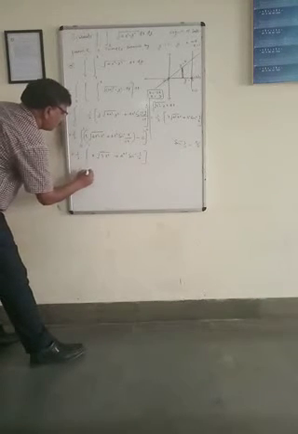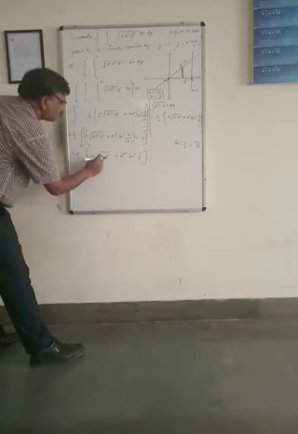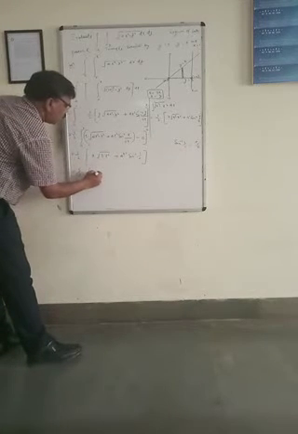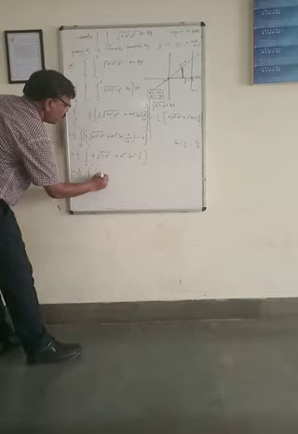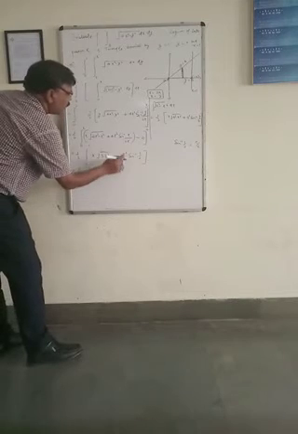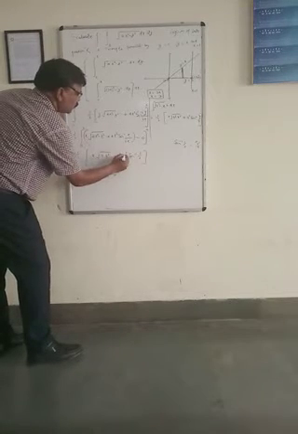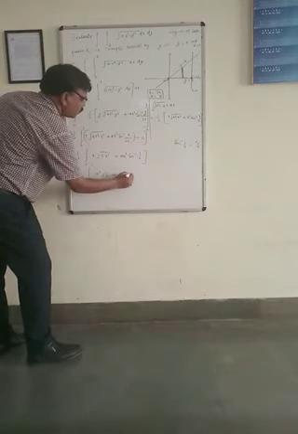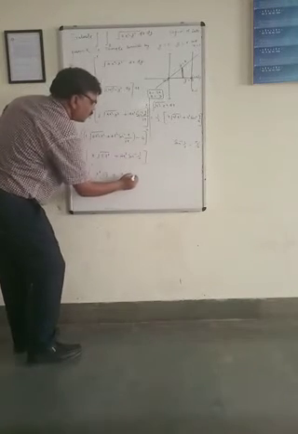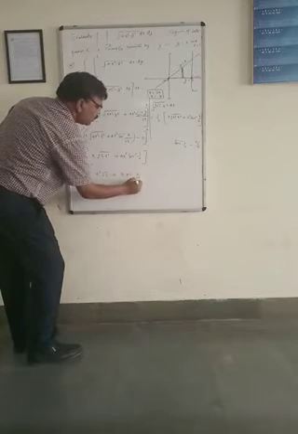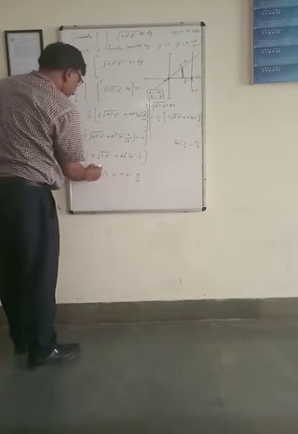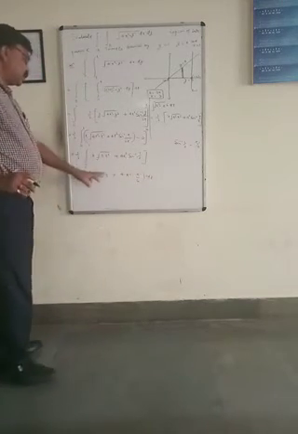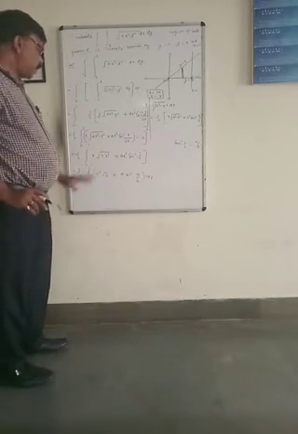Again solving, 0 to 1, 3 is in the root and x is out of this, so x square root 3 plus 4x square and sine inverse 1 by 2 is pi by 6. We have to integrate this function with respect to x.